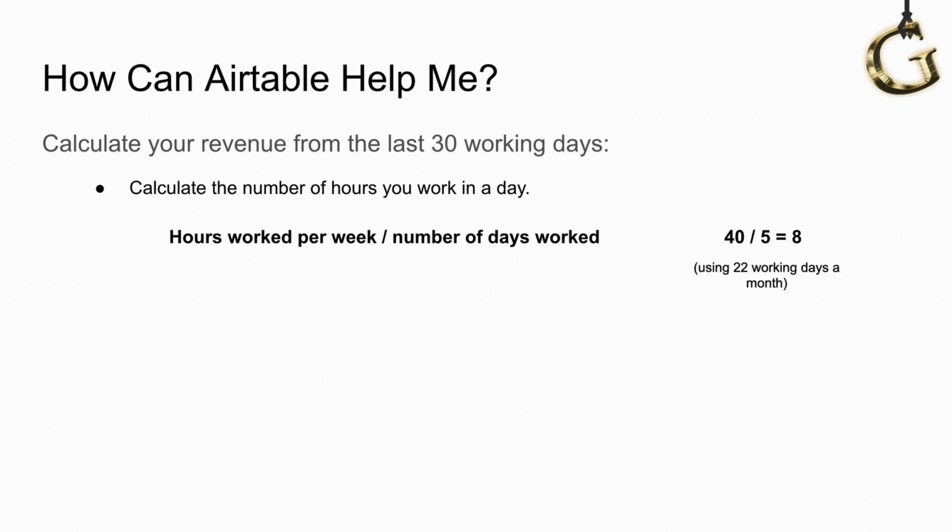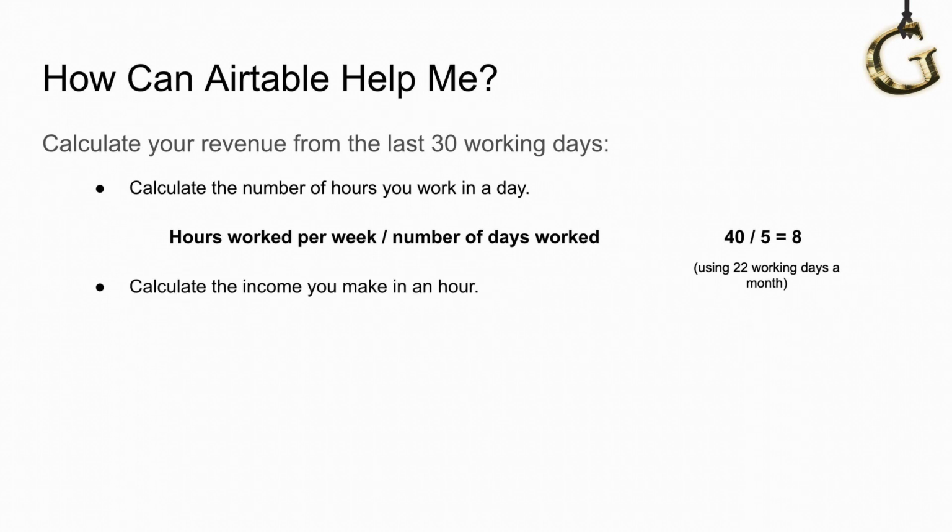Simple math. In that 30-day working period, we're going to say we work 22 days a month. That's working 5 days a week and then taking the weekends off, a few more here and there depending on the month or whatever else. But these are the numbers we're going to use.